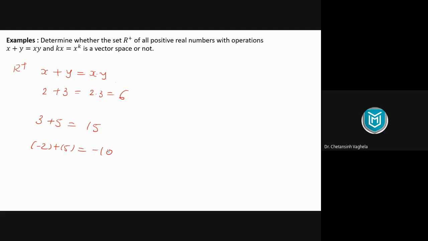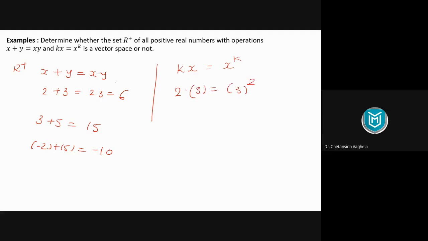Similarly, the scalar multiplication is defined like this. If you multiply a scalar k with our object x, that is given by x power k. Your scalar moves to the power. So 2 times 3 gives 3 power 2.